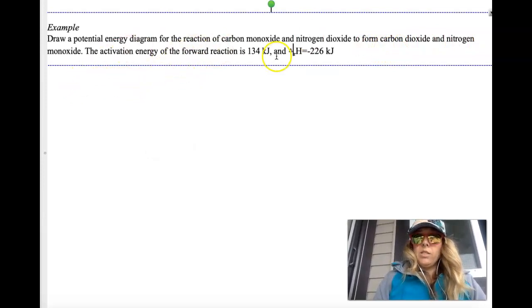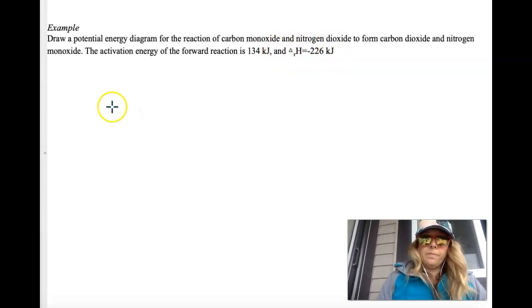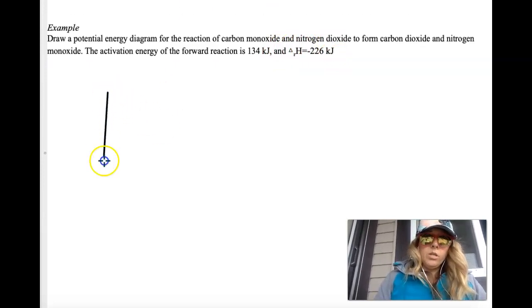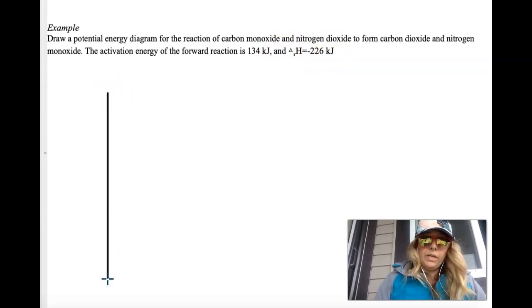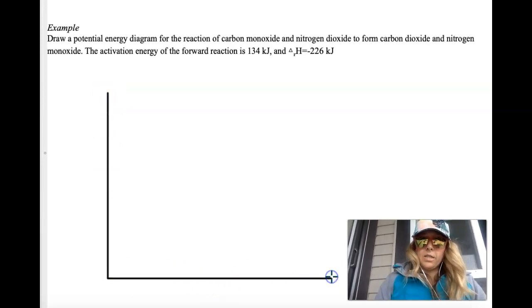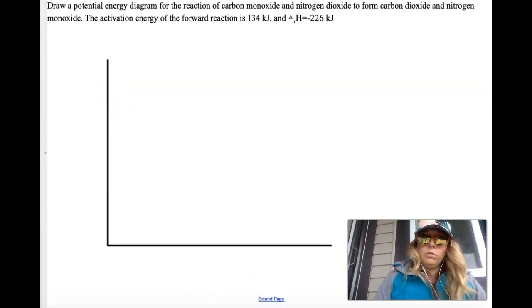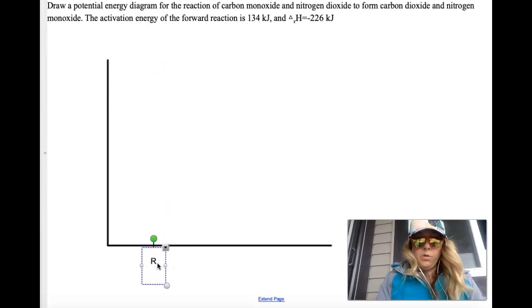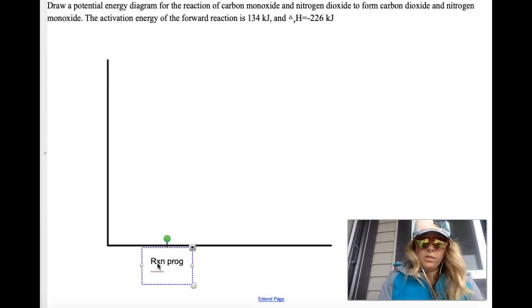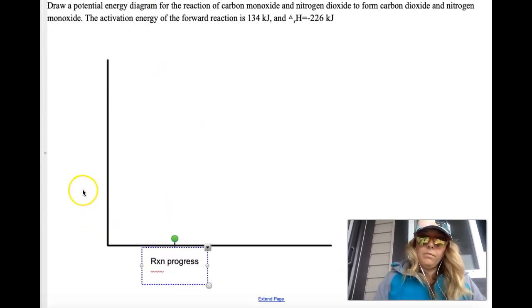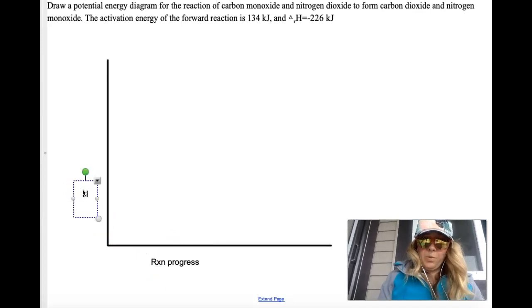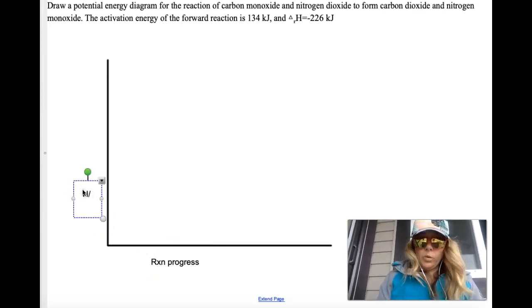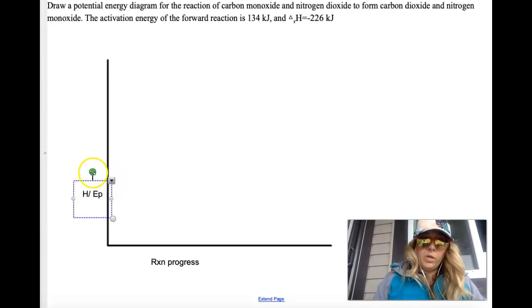So it's given us the activation energy of the forward and it has also given us delta H. So we are going to start by putting in our X and Y axis. Okay, so on X, we are going to put reaction progress. And on Y, you're either going to put H or EP, whatever you want to put. Okay, and this is going to be measured in terms of kilojoules.